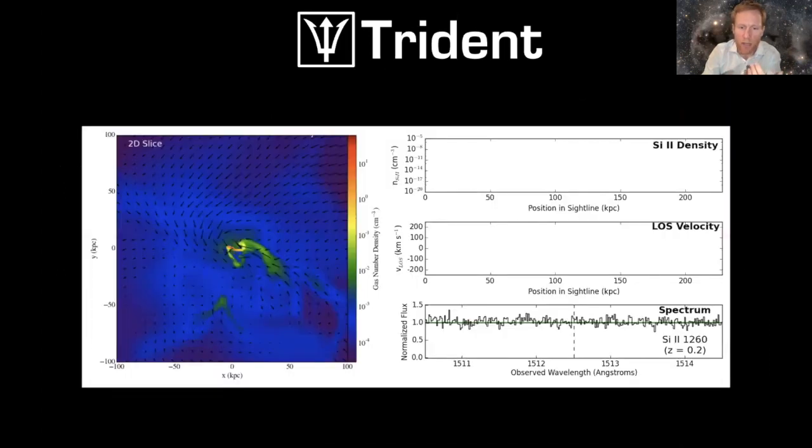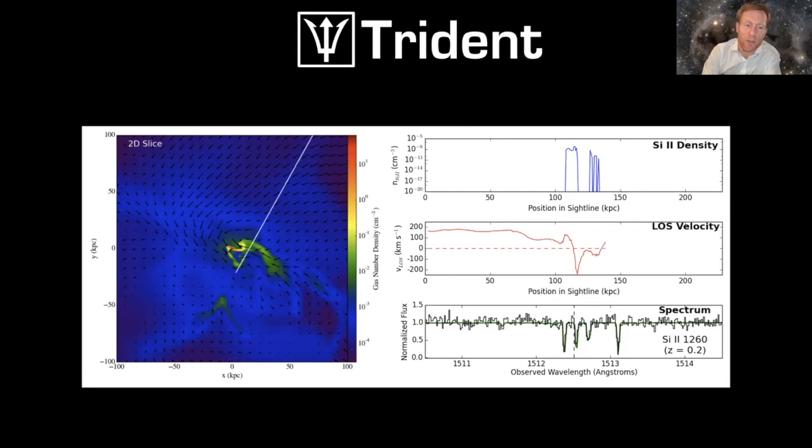Now, this is kind of an on-the-fly demonstration of this. We have a line of sight of one of these light rays that's passing through, in this case, a two-dimensional slice of galaxy simulation data. For simplicity's sake, we're just looking at the ion silicon-2. And so as this passes through that data set, you can see when it encounters matter that contains silicon-2, the top panel on the right shows the presence and the density of that material that it's passing through.